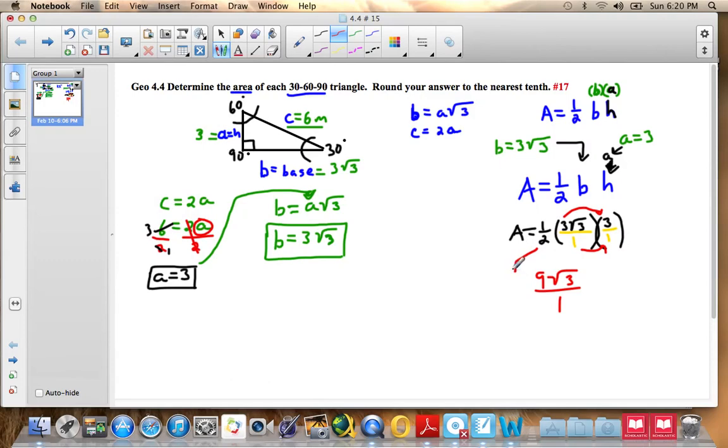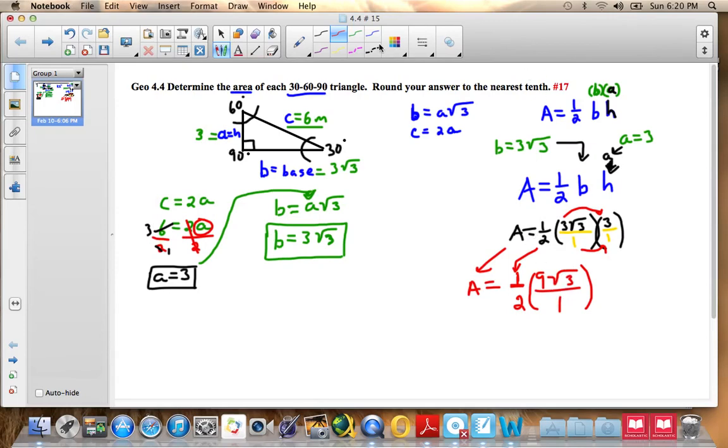And then I'm just going to drop down my 1/2. So now I have A equals 1/2 times 9 times the square root of 3 over 1.